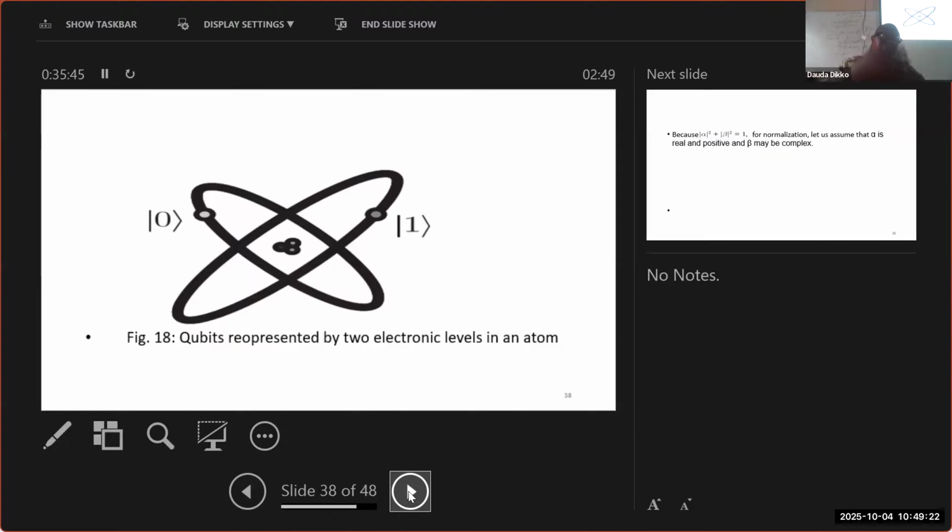When the atom is excited to another level, which is the excited level, it means that an atom can possibly occupy two spaces, the ground state and the excited state. And that is why a qubit can be represented, it's just a picture, by the two electronic levels in an atom, that is 0 and 1, representing the ground state and the excited state.